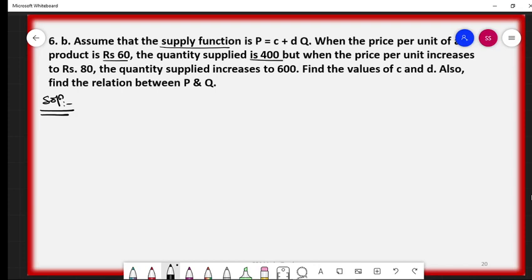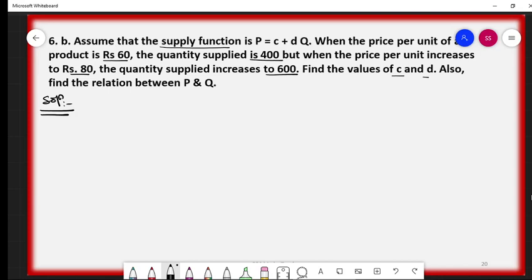But when the price per unit increases to Rs 80, the quantity supplied increases to 600. The relation between supply and price is directly proportional. Find the value of C and D, and also find the relation between P and Q. We have to solve this question.